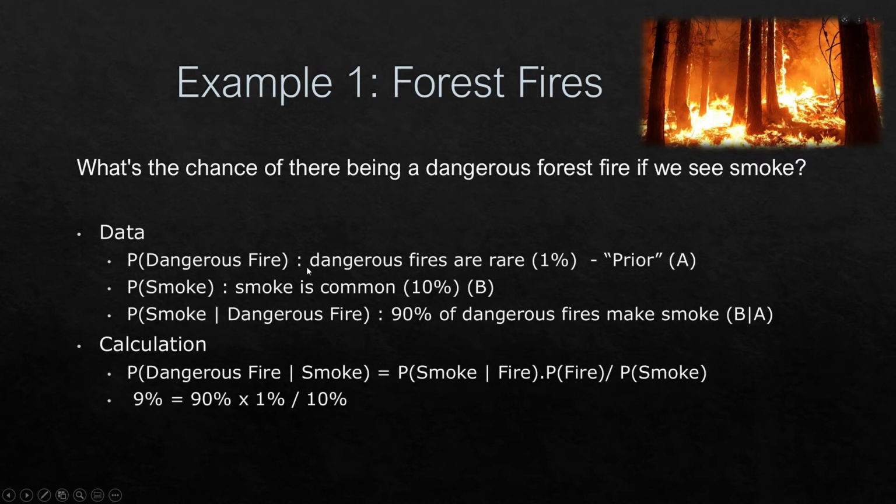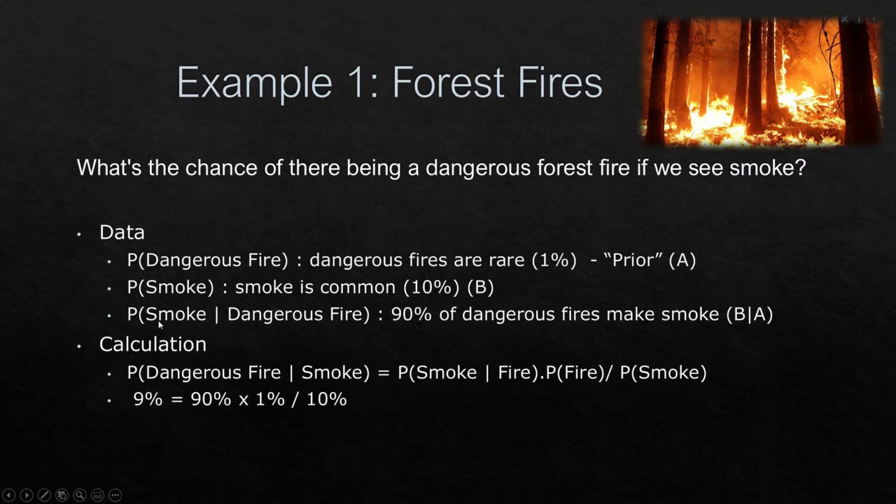The chance that you have a dangerous forest fire is 1%, so maybe out of 100 days, one of those days you might have a forest fire. The chance of seeing smoke is fairly common, and this would be probability B, say 10%. There may be other reasons for smoke other than forest fires, maybe people having barbecues or something. So it doesn't necessarily mean that there's a forest fire.